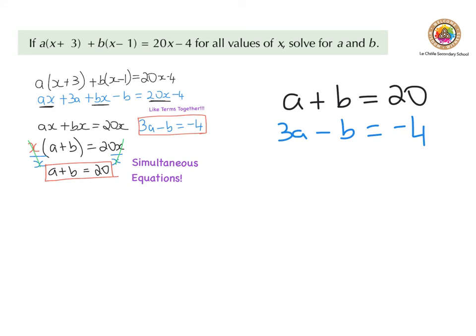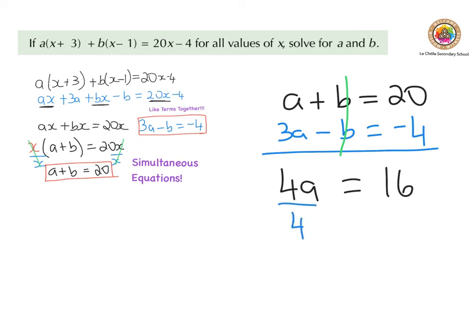Looking at these, I can see I have a plus b and a minus b, so simply adding my two equations together is going to give me my answer. The plus b and minus b cancel, and that's equal to 20 divided by 4. So getting a on its own, I divide by 4. Those 4's cancel, and that gives me a is equal to 16 divided by 4, which is 4.